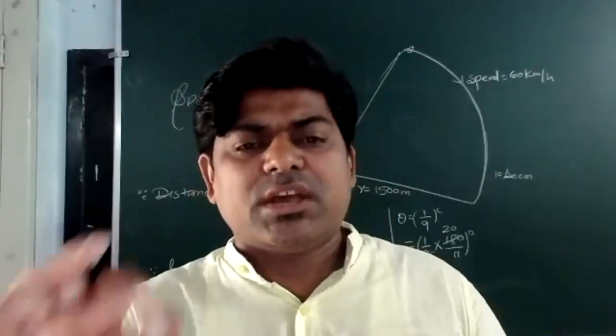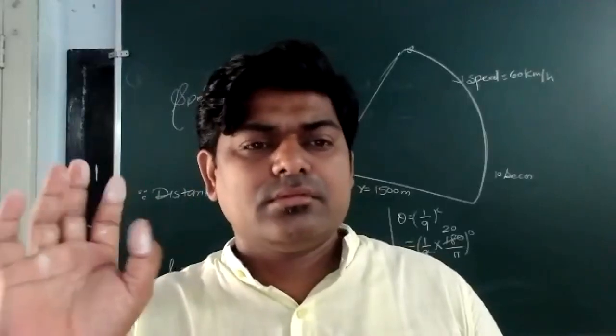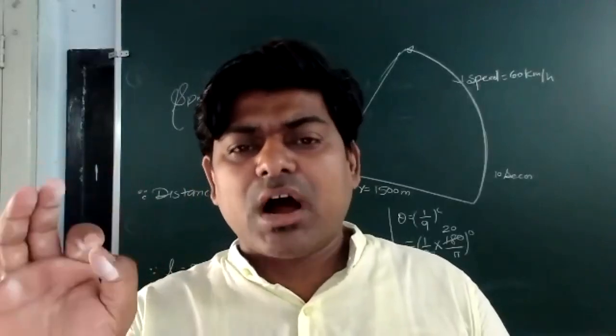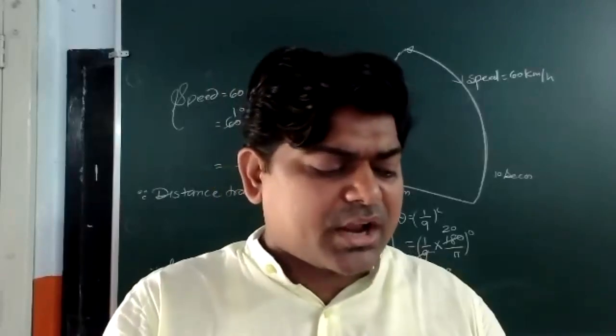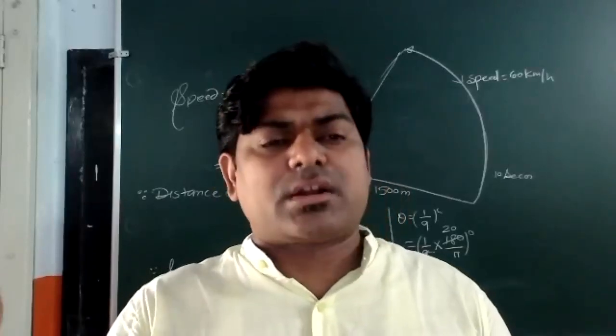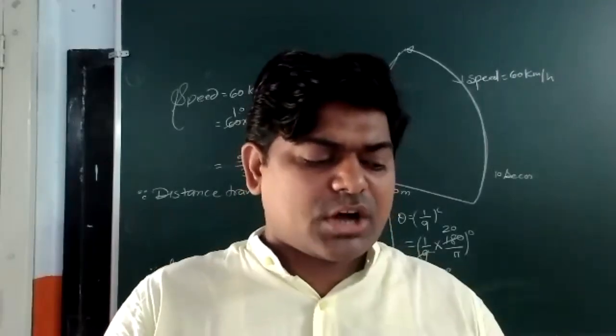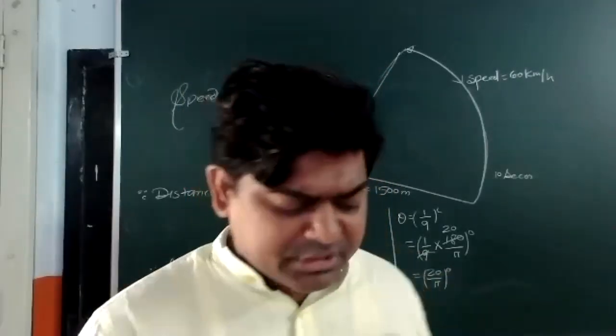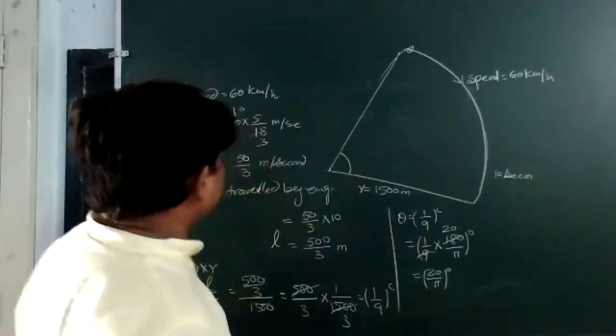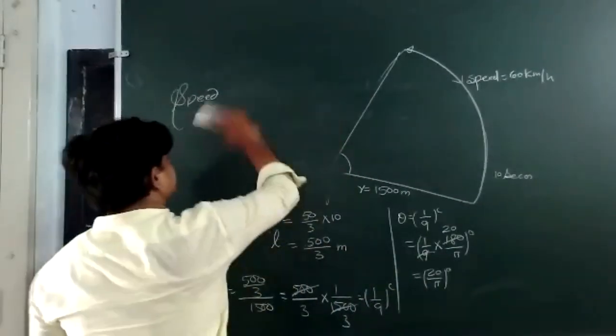So definitely we can find L, the arc length, and it's given that both have the same arc length. Let me draw the diagram, then it will be easier for you.